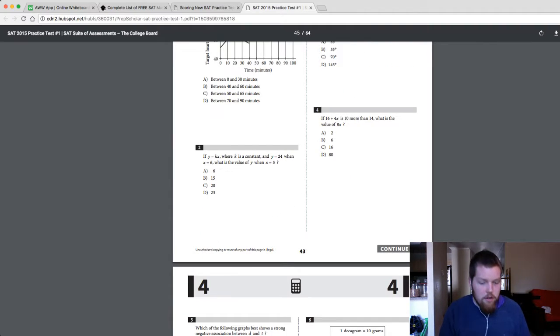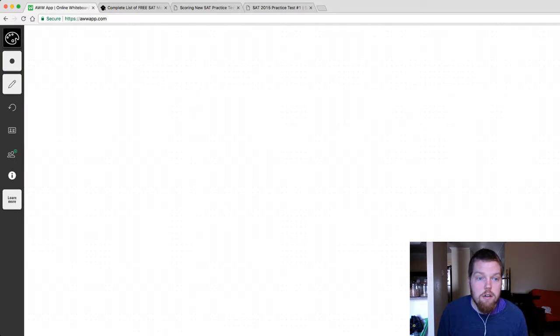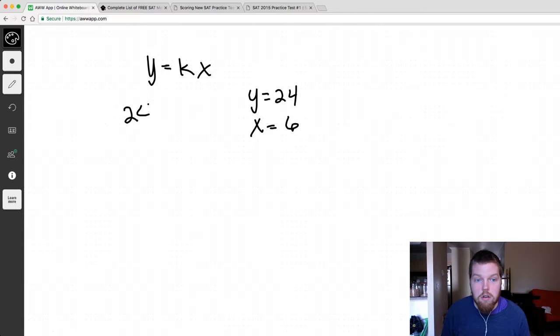Okay, here we go. If y equals kx, where k is a constant, and y equals 24 when x equals 6. All right, let's go and write this down. y equals kx, and they said y equals 24 when x equals 6. So if we plug that in, we'll get 24 equals k times 6, and then we'll divide both sides by 6, and we'll get k equals 4.